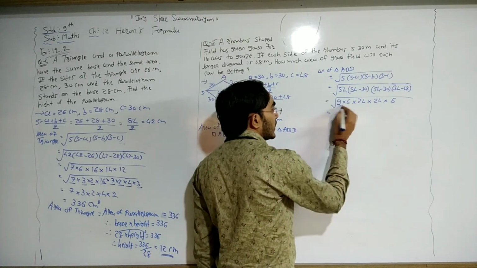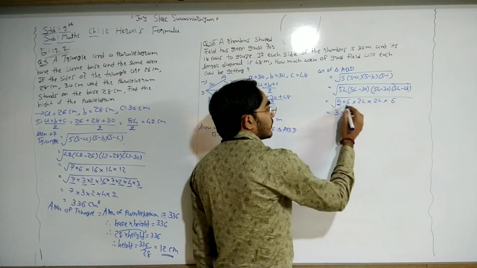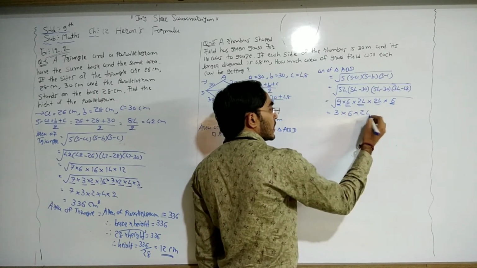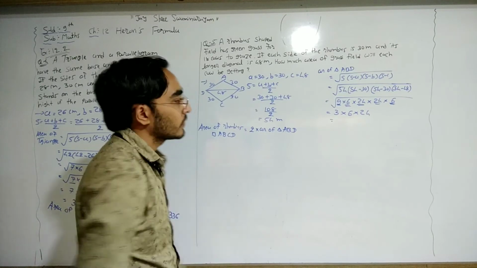Now 54 is 9 times 6. The square root of 9 is 3, and from 6 times 6, one 6 comes out, and from 24 times 24, one 24 comes out.